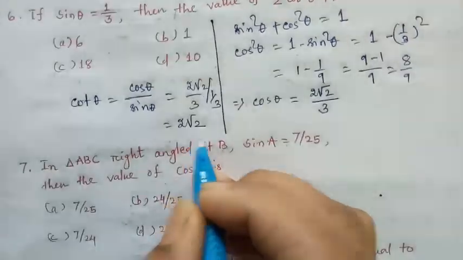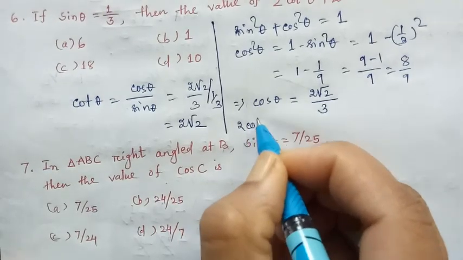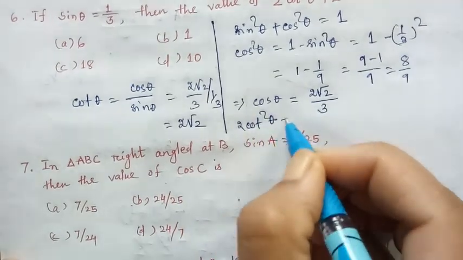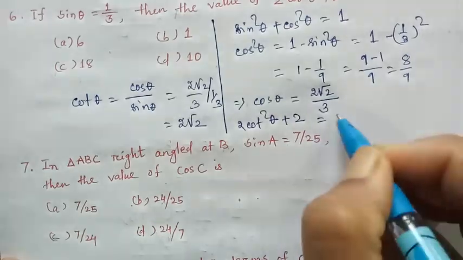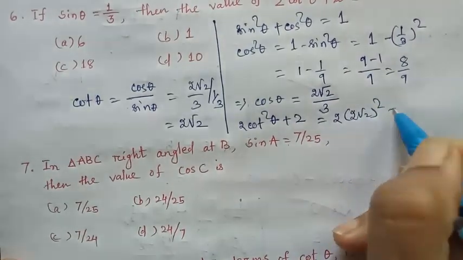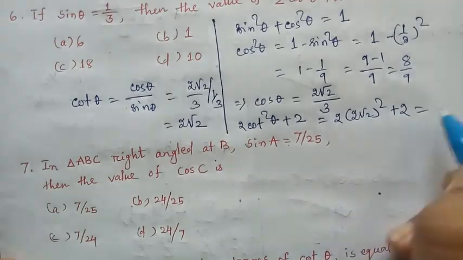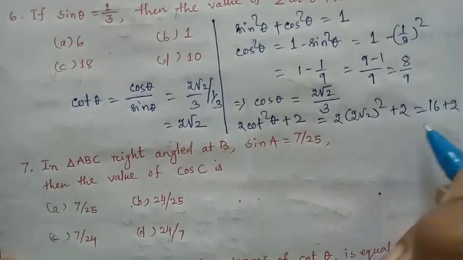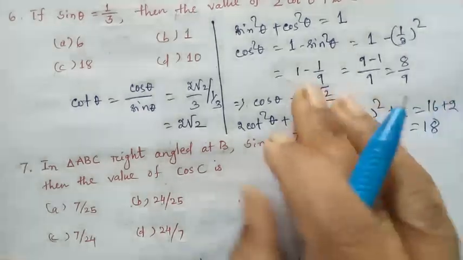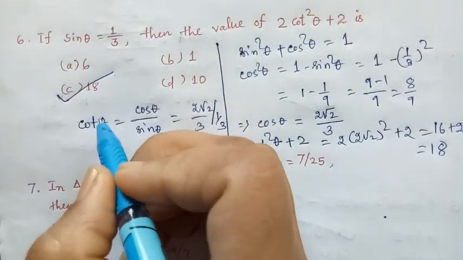Okay, next we have to find out 2 cot square theta plus 2. So that is equal to 2 into (2 root 2) square plus 2. That means 2 times 8, that is 16, plus 2, that is equal to 18. Okay, so your option C is the correct answer.